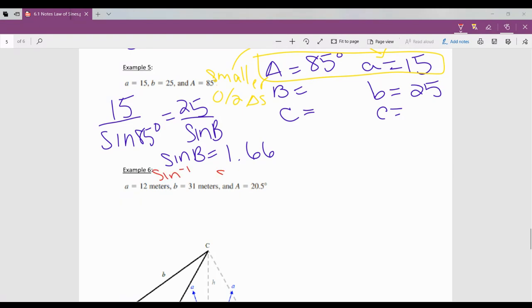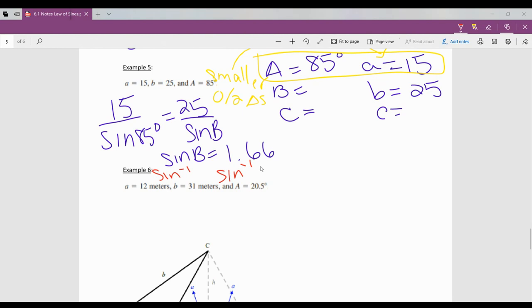But right now I'm looking and I'm saying, hey, wait a second. Taking the sine inverse of a number that's bigger than 1, that's definitely not going to happen. So I can confirm it with my calculator, second sine, second answer to fill in that 1.66, and I get error in the domain because sine has to be between 1 and negative 1, and there is no value that would give me a sine value that is greater than 1.